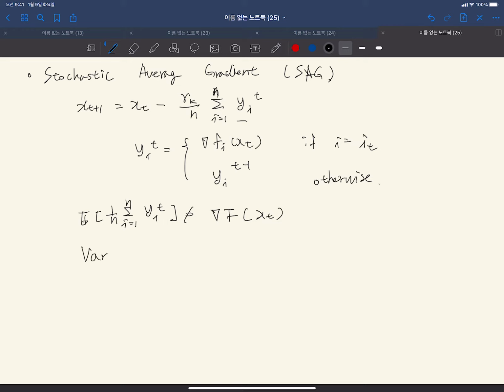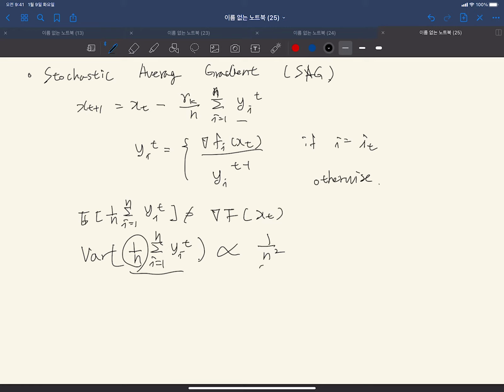When you consider the variance of 1 over n times the sum of y_i^t, since there is a 1 over n term here and only one part is a random stochastic gradient, the variance of this summation is very tiny. It's proportional to 1 over n squared.